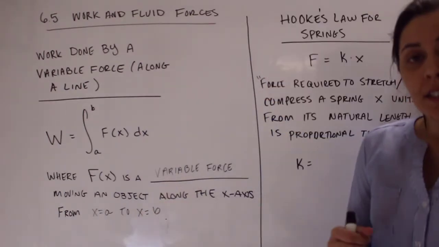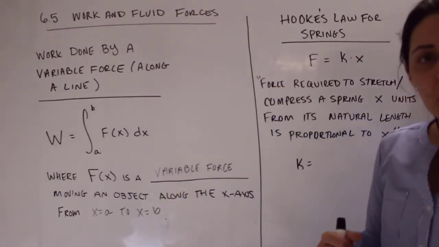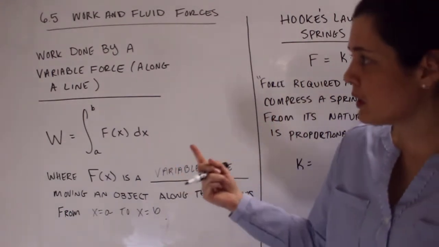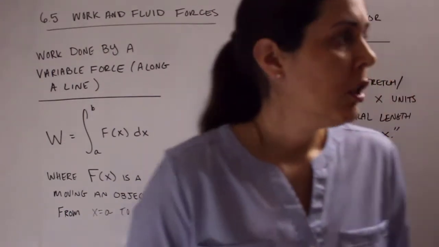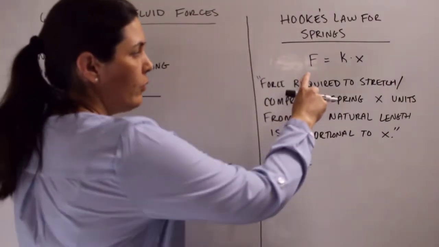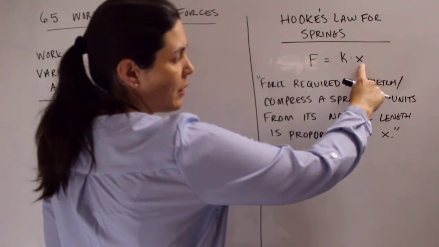The other thing I want to mention before we do our next example is Hooke's law, because variable forces come up when you're dealing with springs. Hooke's law for a spring says that the force is equal to k times x.